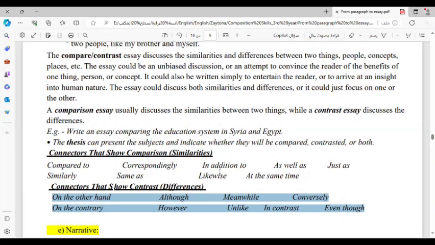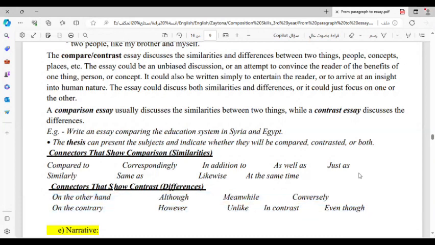Let's have some examples of these words and how we can use them in a sentence.